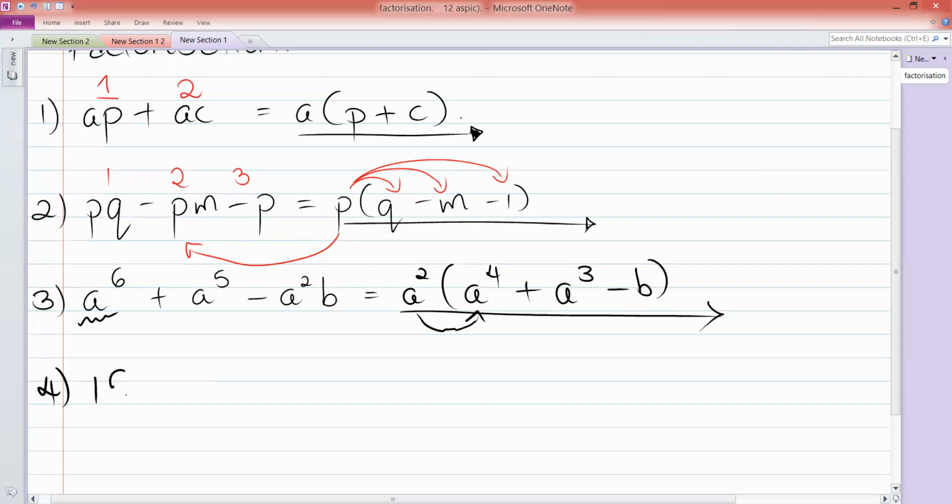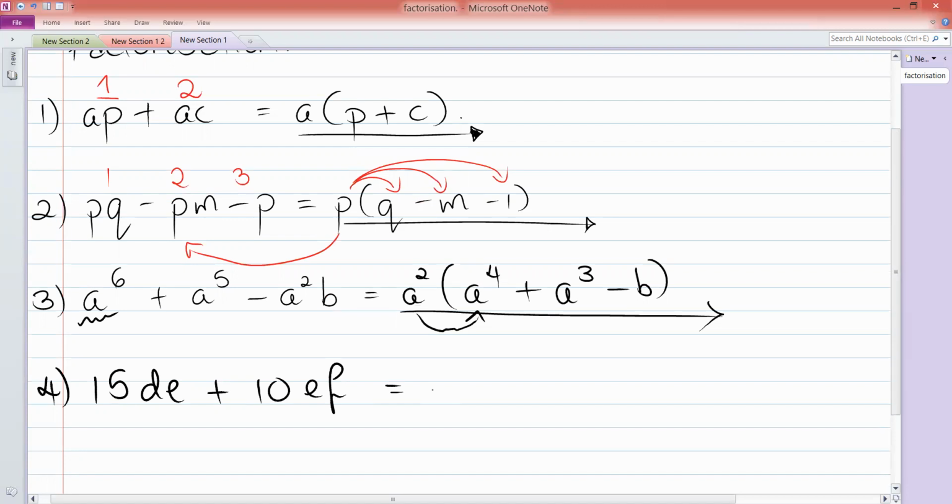This time we have 15 DE plus 10 EF. Again, I want to factorize completely. So whatever variable I choose to factor out, I have to make sure that I've factorized it completely. Let's look at the coefficients first, 15 and 10.